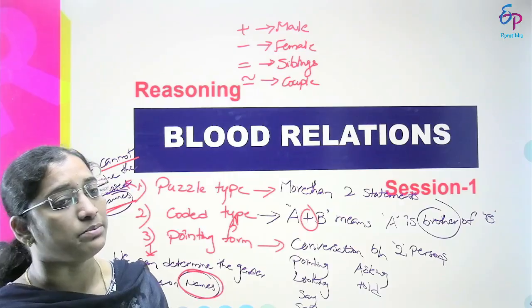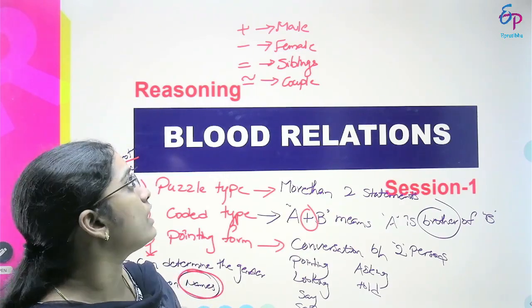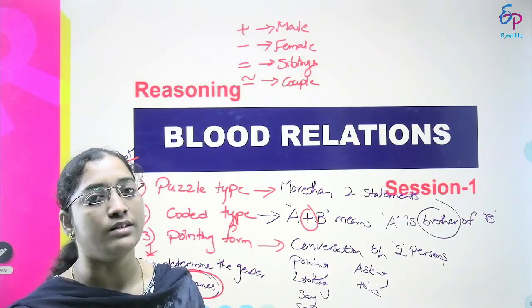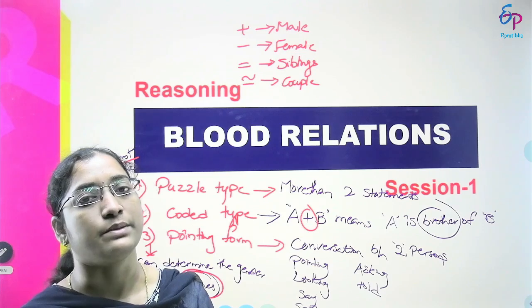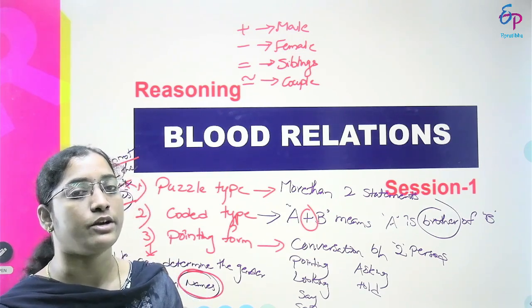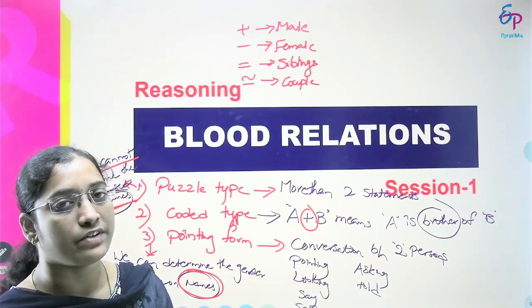Just observe, I am taking only 4 symbols, friends. Plus for males, minus for females, equal for siblings, and the equating symbol for couples. By using these symbols and generations we need to draw a family tree diagram by using the question information.